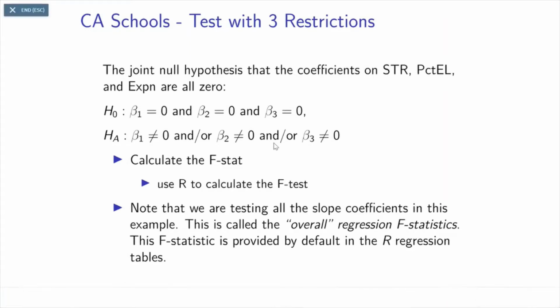The F-statistic from this F-test is called the overall regression F-statistic, since now we have included all the regressors from the model in this F-test. Be aware that this is the F-test provided to you at the bottom of a regression table by default in R. So whenever you're running a regression, this F-test that provides the overall regression F-statistic is provided to you by default.